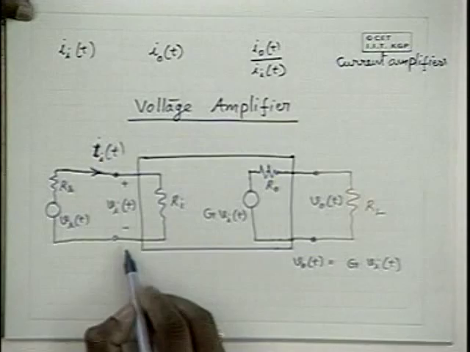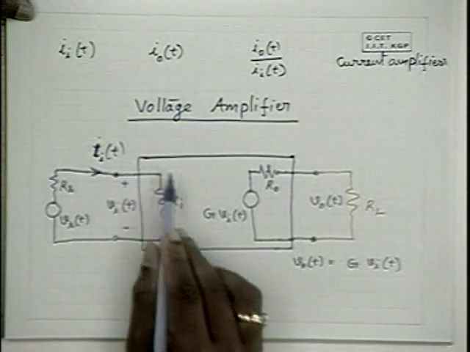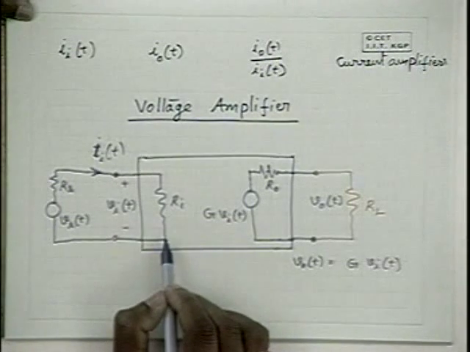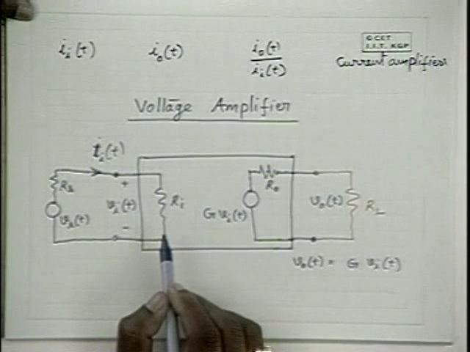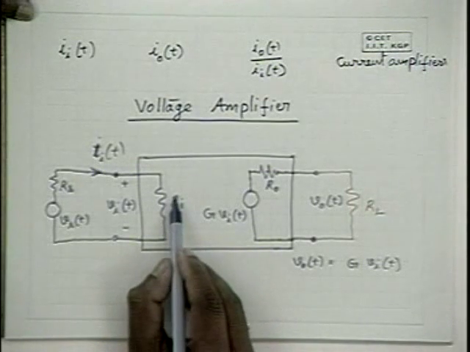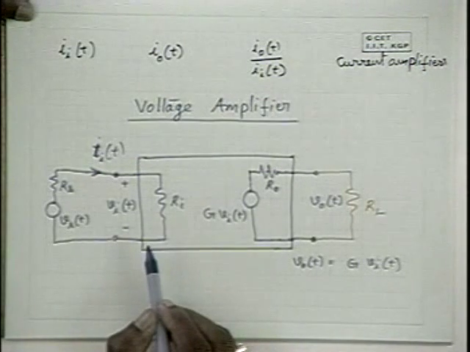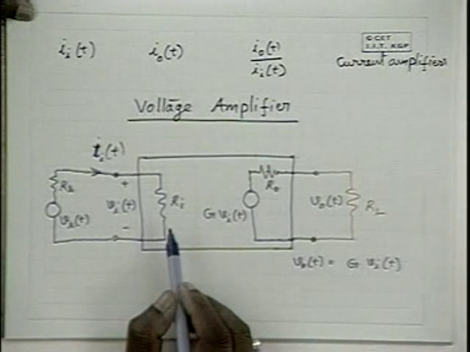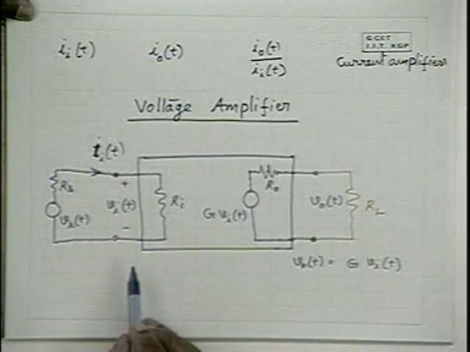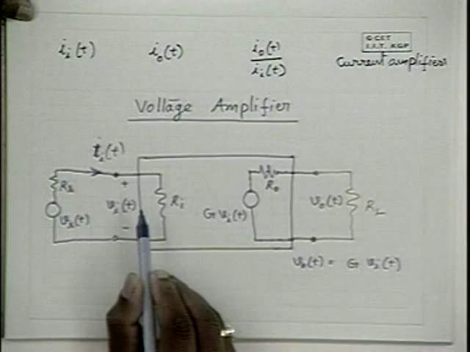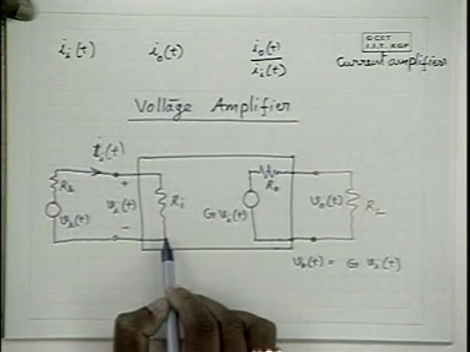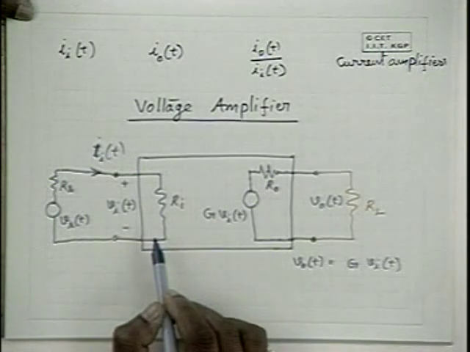Hence, amplifiers on the input side can be modeled as a resistance whose value can be indicated by Ri. I indicates input side. So an amplifier typically exhibits some input impedance Ri.